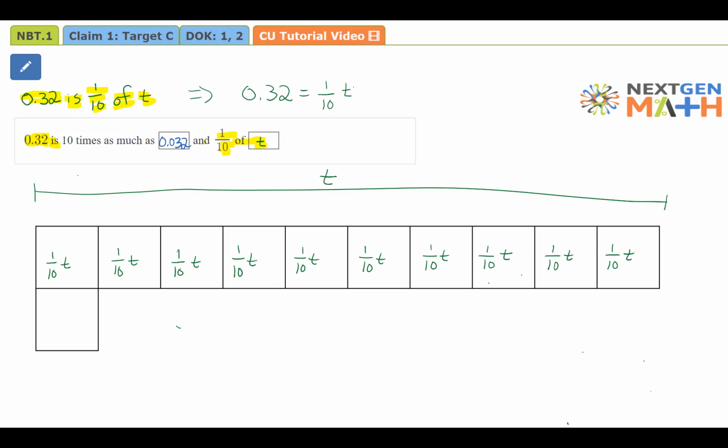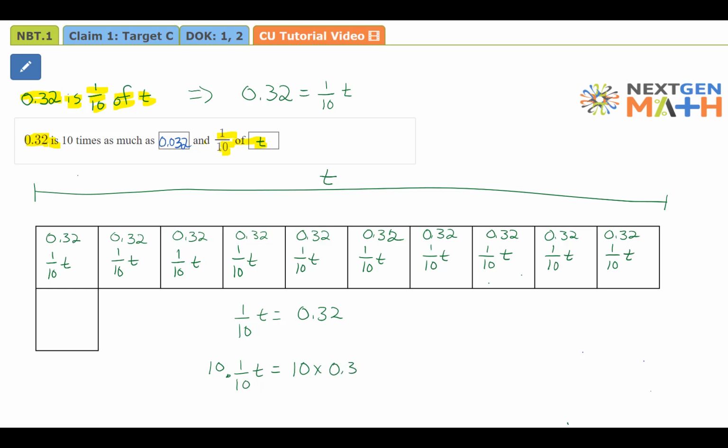That means that each of these squares is equal to 32 hundredths. So if 1/10 t equals 32 hundredths, then 10 1/10 t's is going to be equal to 10 times 32 hundredths.